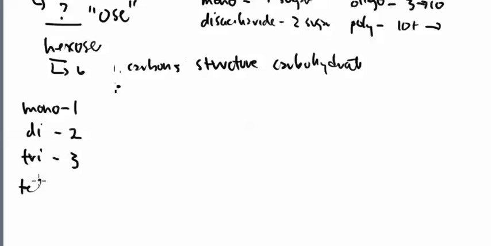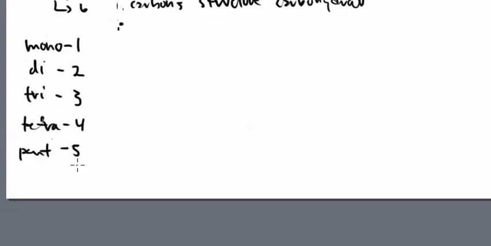Then 4 is going to be tetra, so tetros. 5 is going to be pent, so this is pentos. 6 and 7, of course. 6 is going to be a hexos. 7 is going to be a heptos.